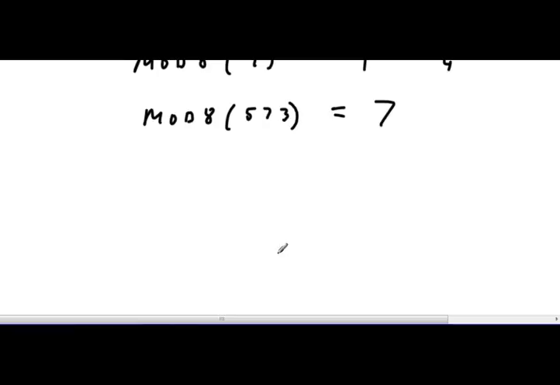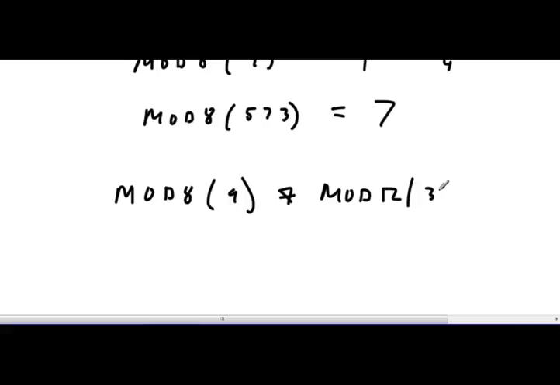So I'm going to have mod 8 of 9 times mod 12 of 37. All right, well, there we go.